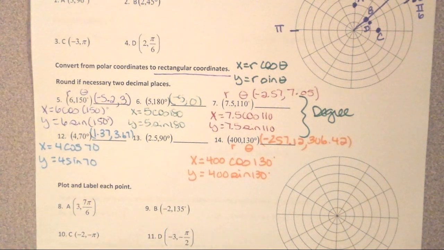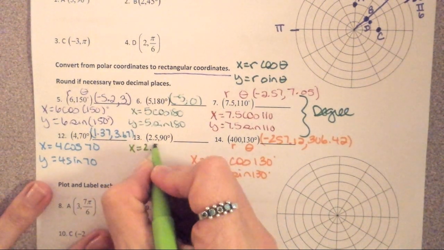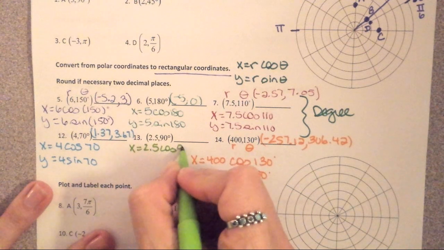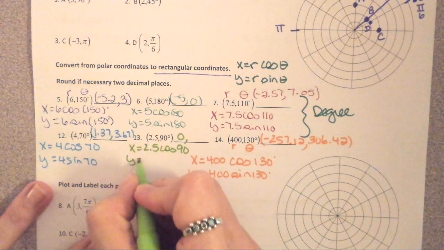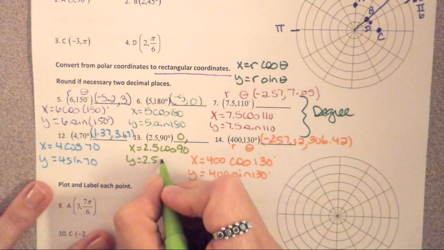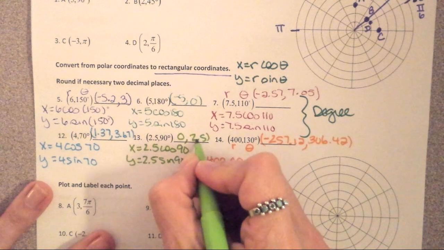Okay, and the last one, we get x equals 2.5 times cosine of 90, and you get 0, and y is 2.5 times sine of 90, which is 2.5.